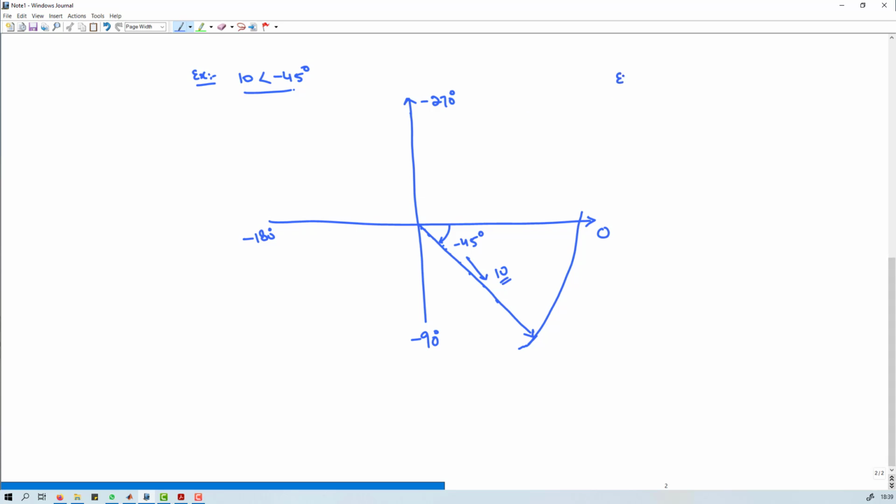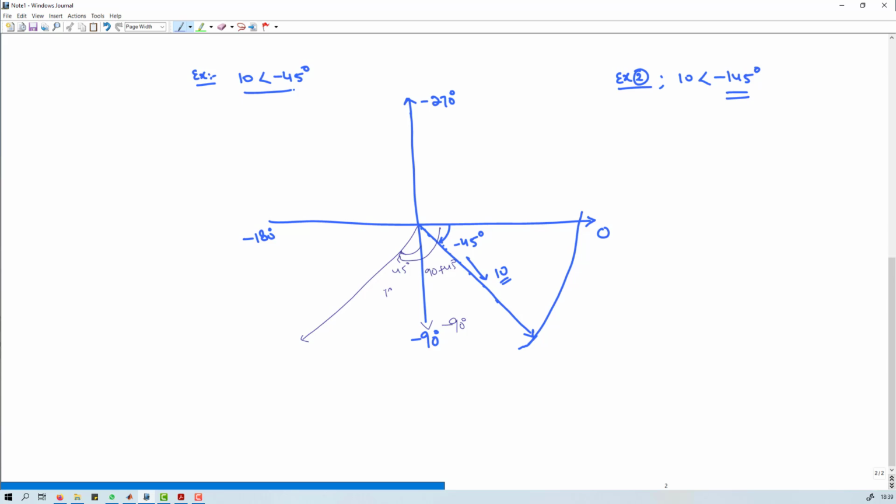If I take one more example of 10 at an angle of -145, that will come into the third quadrant. I am just using a different color here. You can see this is 90 degrees. After that, if you take 90 plus 45, that will become a total of 135 degrees.